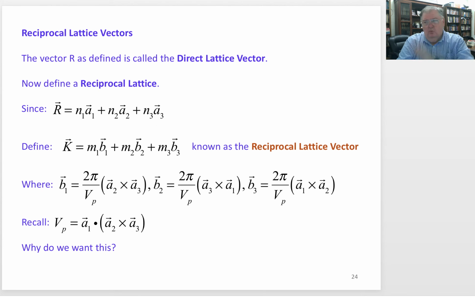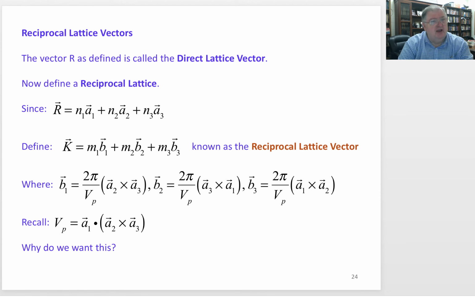Okay, why do we care? Why are we doing this? Remember, we said at the onset that crystalline materials exist on a very organized lattice, a crystal lattice. That is a 3-dimensional periodic structure, right?